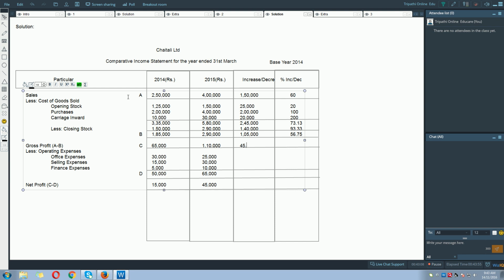Again, total of B, 290 minus 185, which is 1,05,000. 1,05,000 into 100 divided by 185, that is 56.75%.